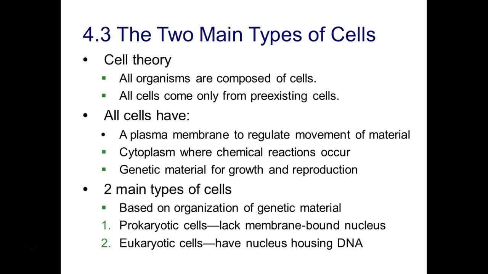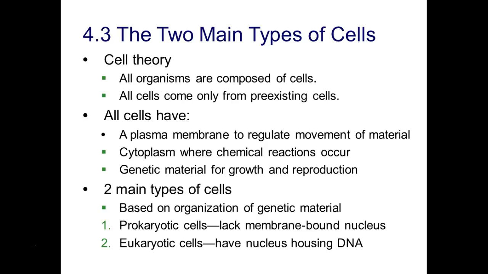So there are 2 main types of cells based on the organization of the genetic material, whether or not there is a nucleus with a membrane surrounding it or a chromosome of DNA without a membrane surrounding it. Those 2 cells are called prokaryotes and eukaryotes.